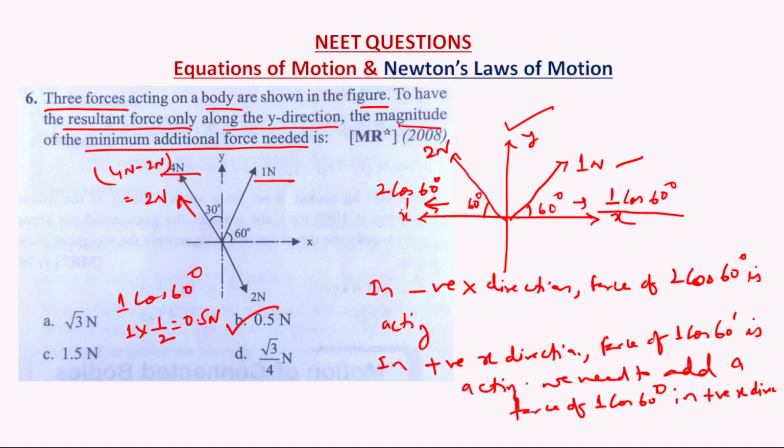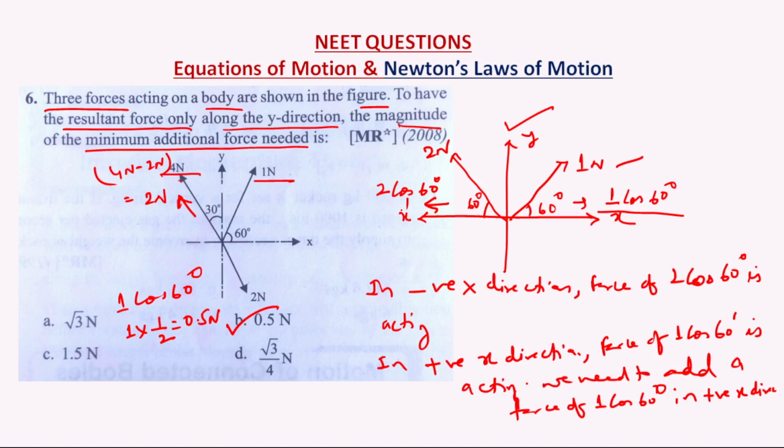Question number 6. In this, 3 forces were there in different directions, x and y, and we were asked that if we have to find the resultant force only in the y direction, then what will be the minimum additional force required to balance the forces?